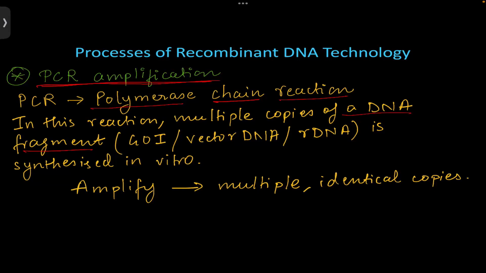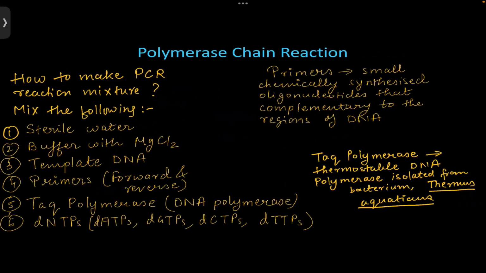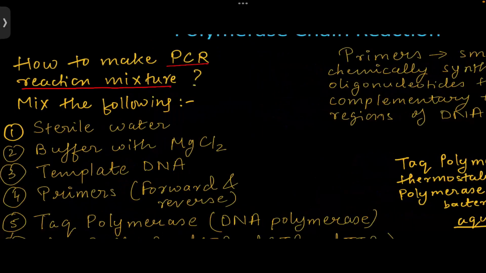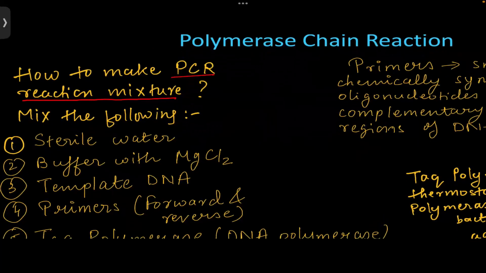And this reaction happens in vitro, that is in a tube. That is why the name amplification is given, because amplify here refers to making of multiple identical clones. Now how to make a PCR reaction mixture? What all things you need to add into this mixture?